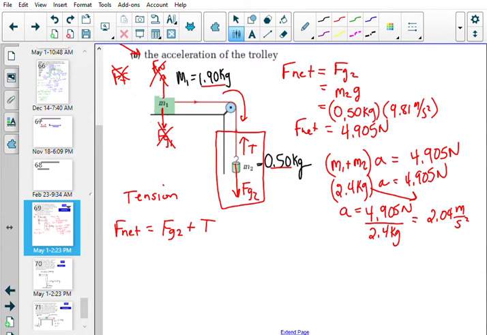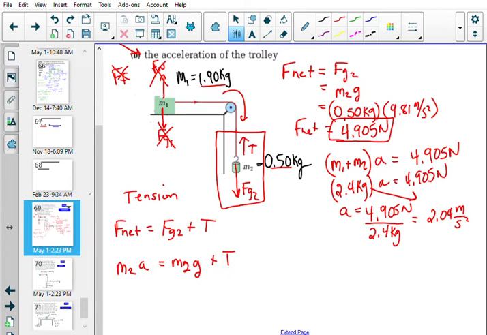But remember, the F net is not 4.905 because that was the F net for both masses. You have to work out a new F net because it's only mass 2 times acceleration. Fg2 is still mass 2 times gravity. And tension, we don't know what it is.